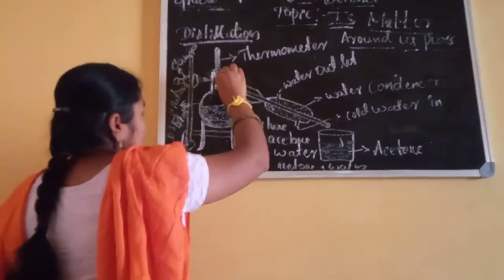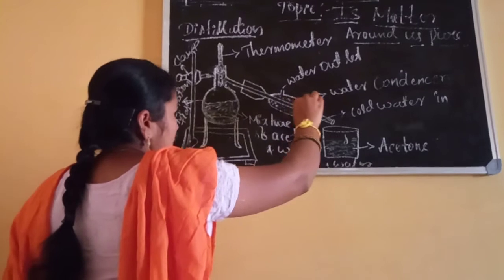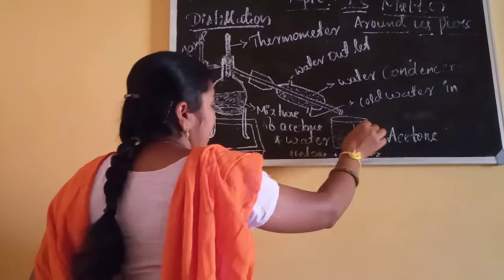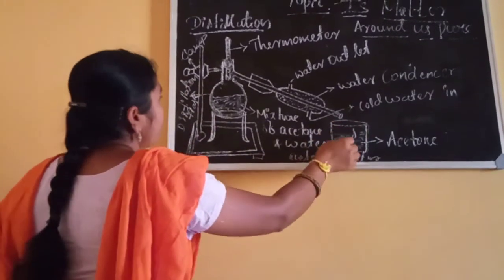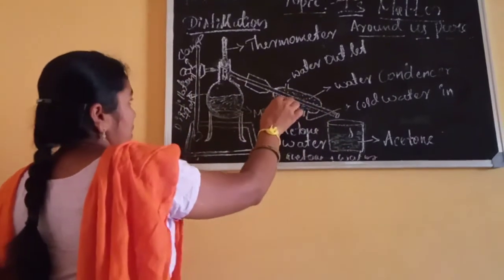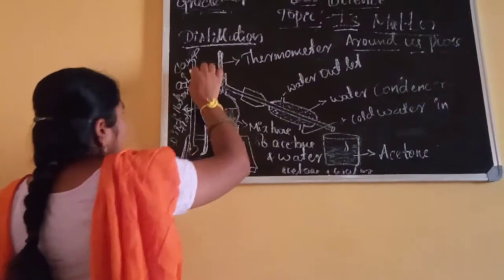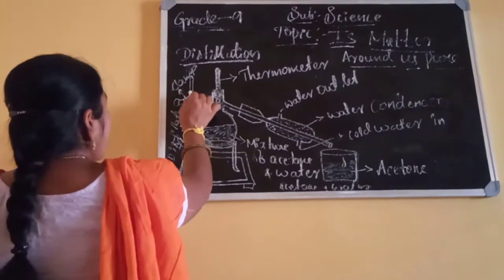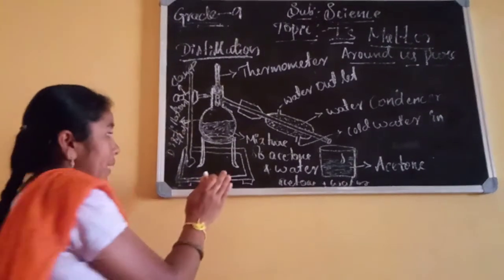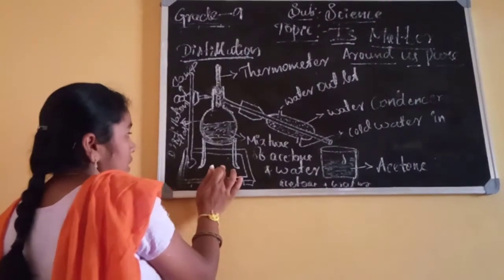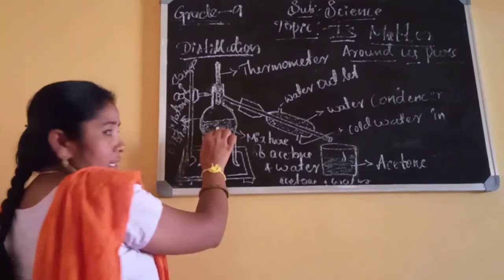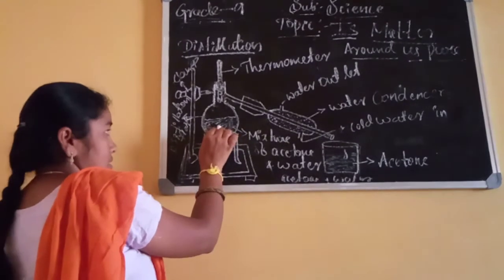Then one pipe or tube should be connected, with a funnel or one container kept under that tube. Then this is the water condenser. This is the clamp or stand. Like that the operators have to set up. And now you have to take the mixture of acetone and water into the distillation flask.